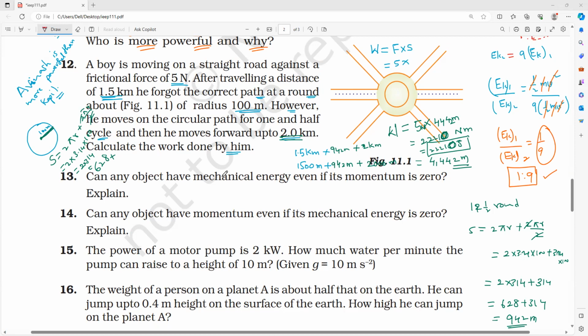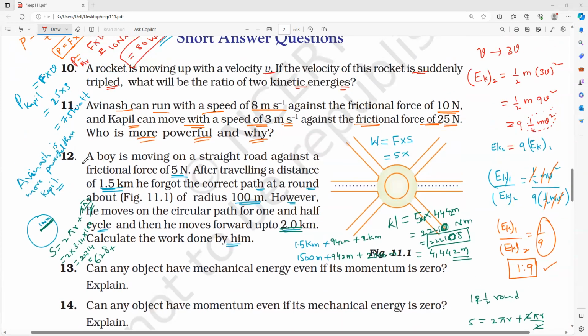Kishore, solve it. Any doubt, anybody can ask? No, sir. Pranav, Nivedan. Okay, do it. Very important question.